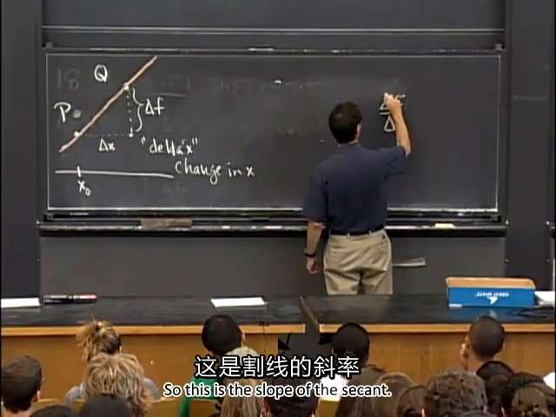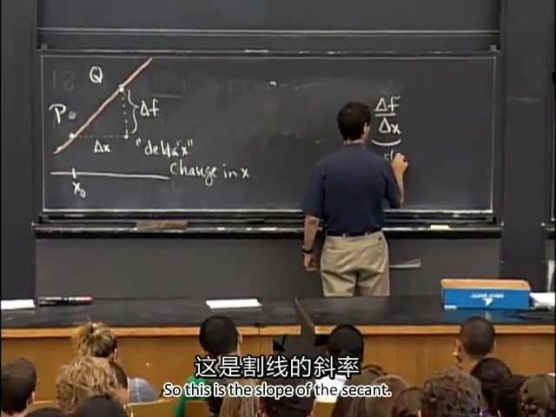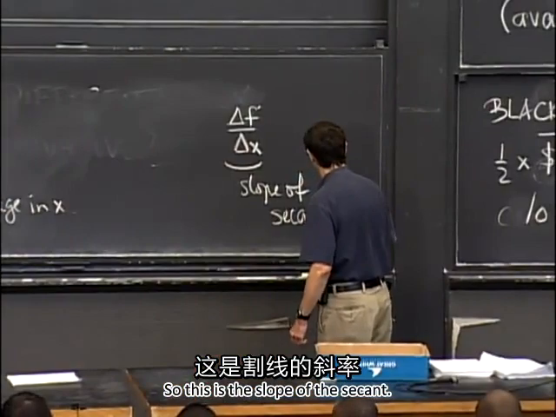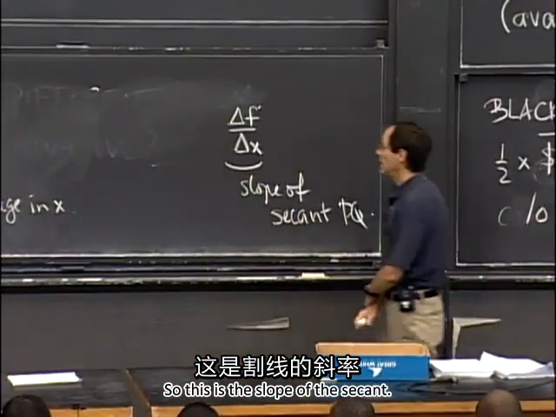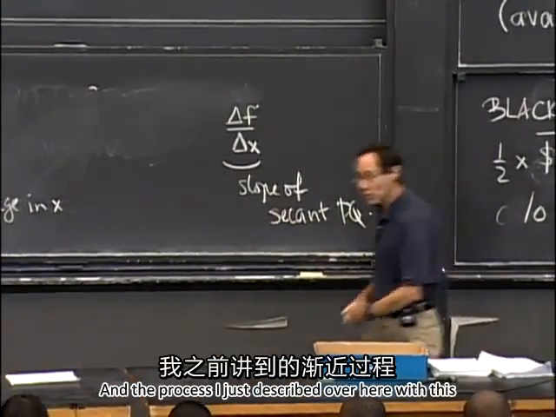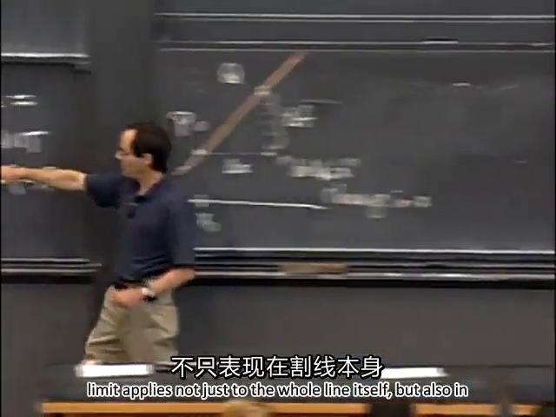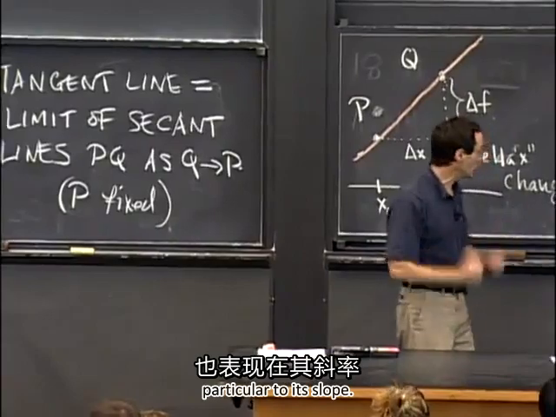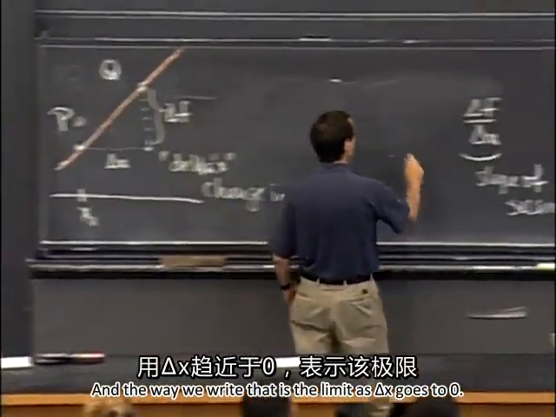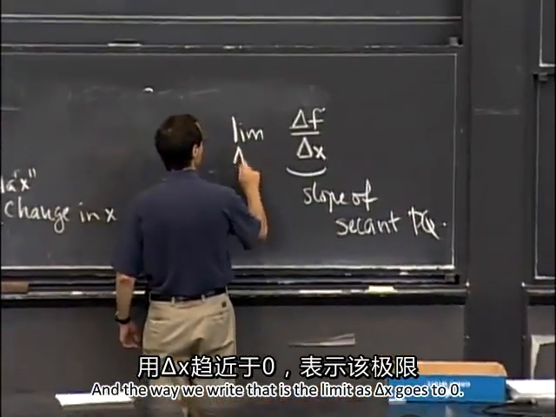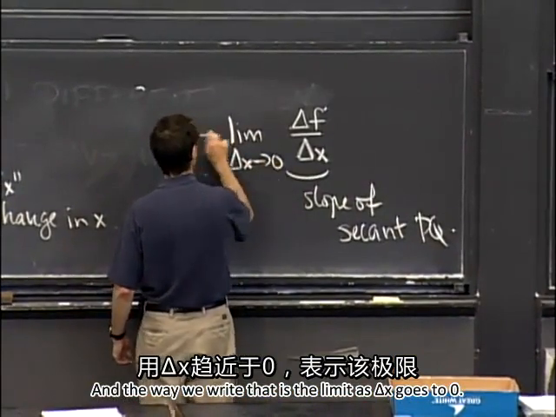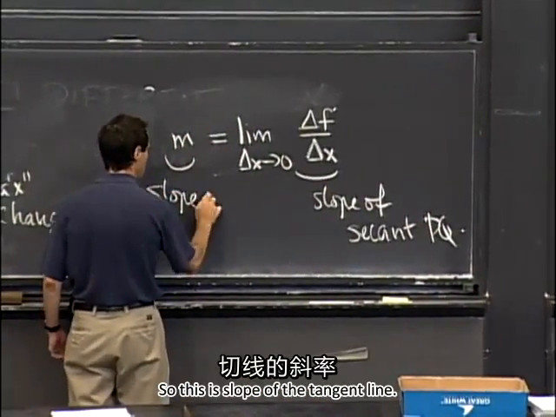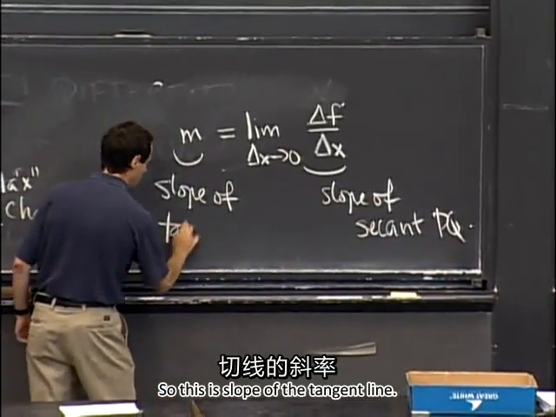So this is the slope of the secant. And the process I just described over here with this limit applies not just to the whole line itself, but also in particular to its slope. And the way we write that is the limit as delta x goes to 0, and that's going to be our slope. So this is the slope of the tangent line.